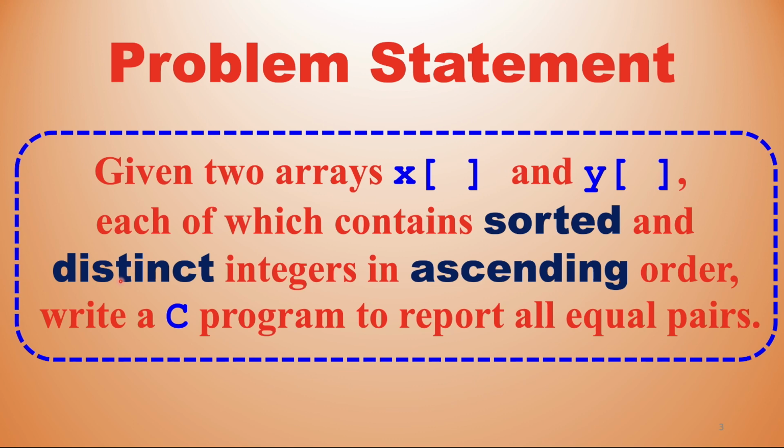Y also contains integers. They are sorted, distinct, and in ascending order. So let's write a C program to find all equal pairs. Here I chose C. You could use any language, of course.